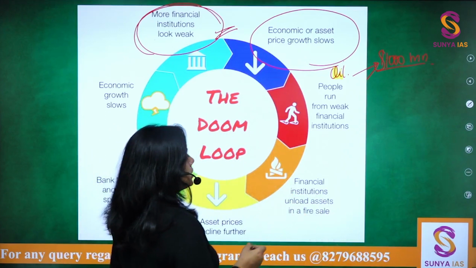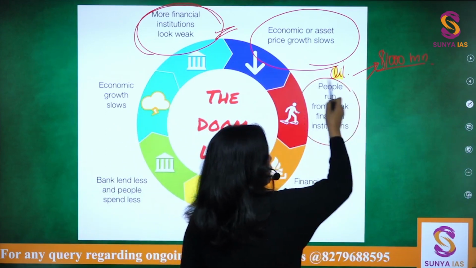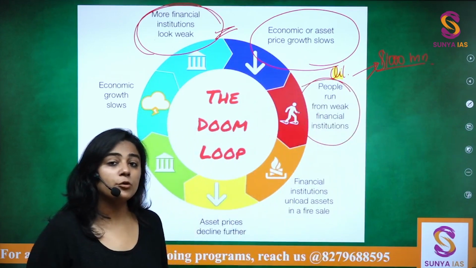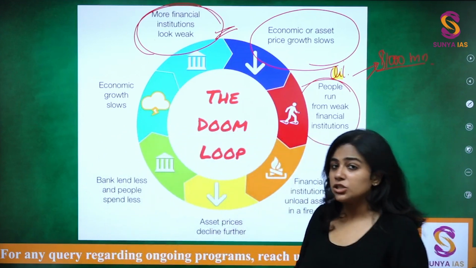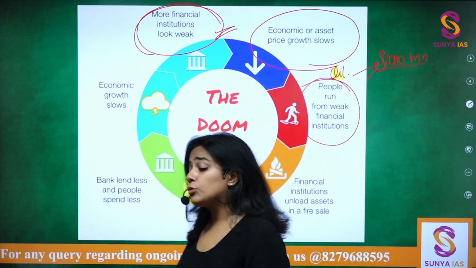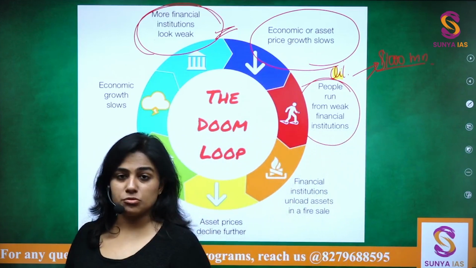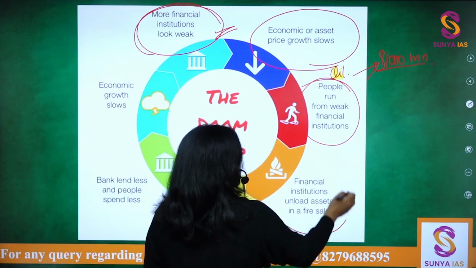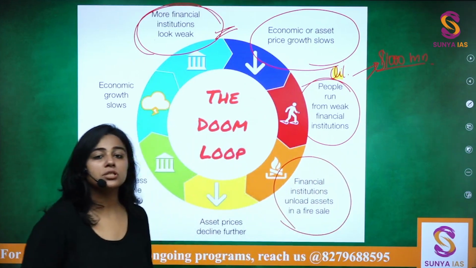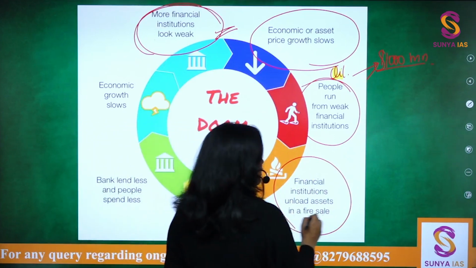Fine. Then people run from weak financial institutions. People don't want to deposit their money in these institutions, and people also don't want to take loans from these institutions. Are you getting it? Then what happens is that financial institutions unload assets in a fire sale.